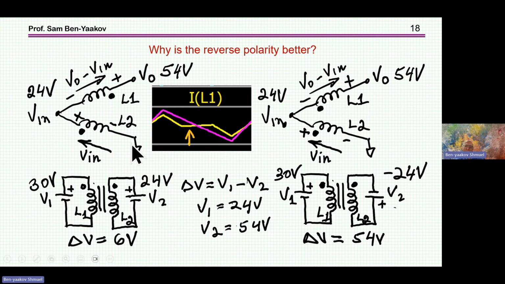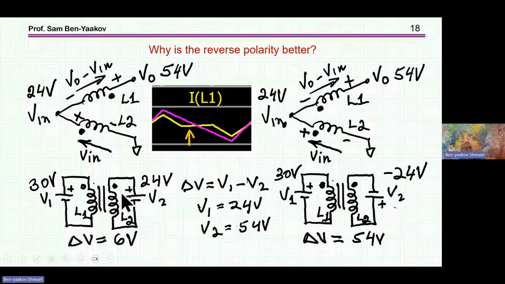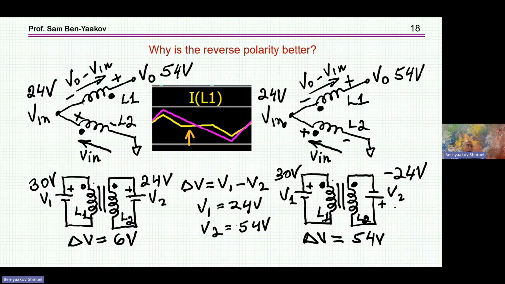So let me try to explain it in an intuitive way. You can write tens, if not hundreds, of equations here, and then get another equation that you have to solve. Let me try to explain it so that we understand what is really going on here. So what I did here, I've looked at one particular point, which is the important one.